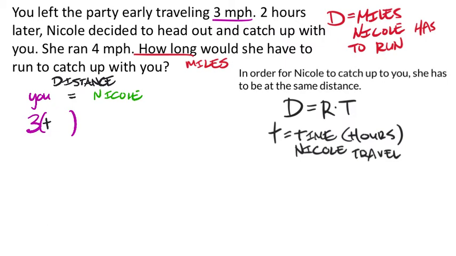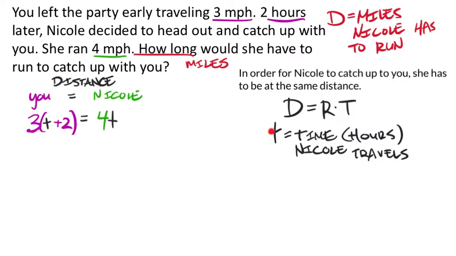So I'm going to specify that here. But you also left 2 hours earlier than Nicole. So you got Nicole's time, but then you're going to add 2 more to that. Okay, and this should be equal to whatever Nicole's time is. We do know that she ran at 4 miles per hour, so I'm going to take 4 and multiply it by the amount of time that she ran.